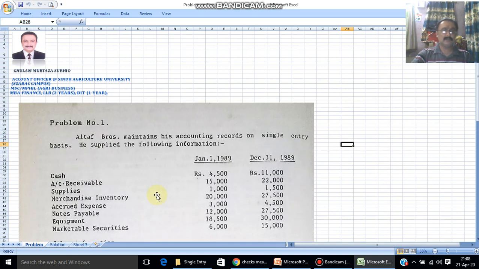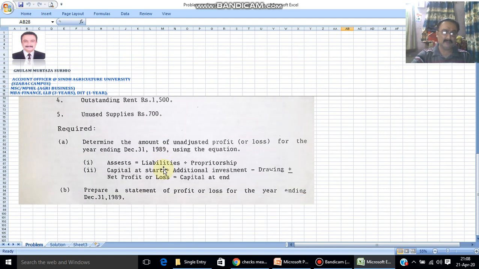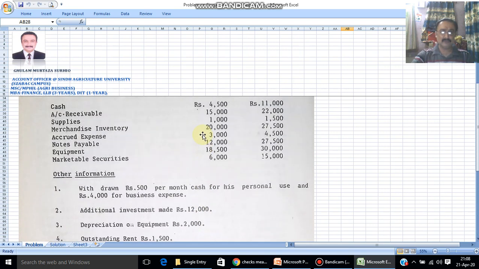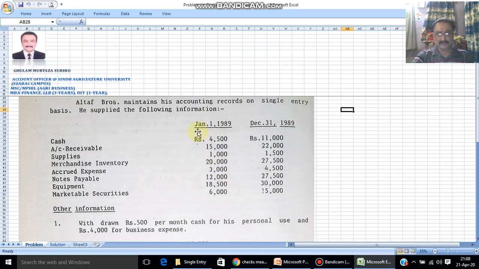What this problem is expecting from us to solve is to determine the amount of unadjusted profit or loss for the year ending December 31st, 1989. As you know, we have been given the figures, the balances, of January 1, 1989, and then our balances at December 31st, 1989.